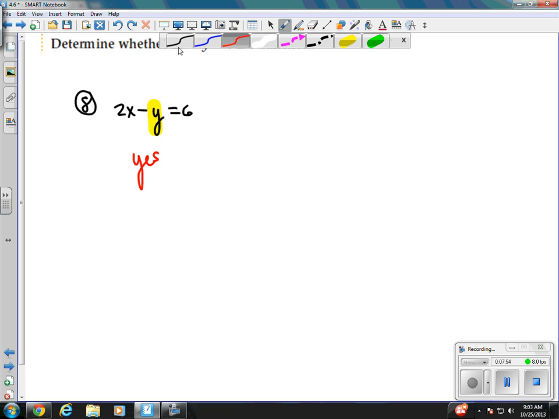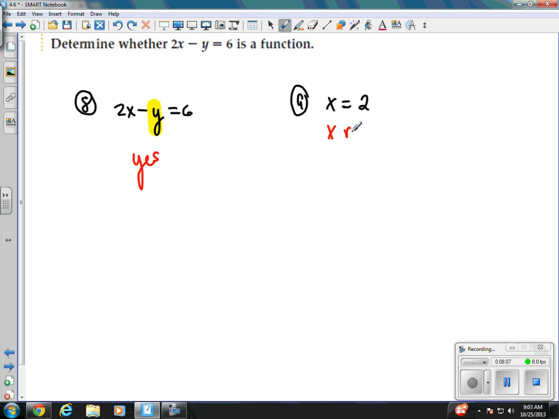Now, one more I'm going to put up here is going to be one that only uses an x value. If it just has x equals 2, that means all your x values are 2, which means x repeats because all your x values are 2.